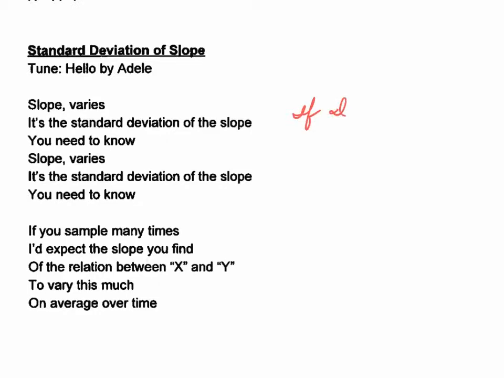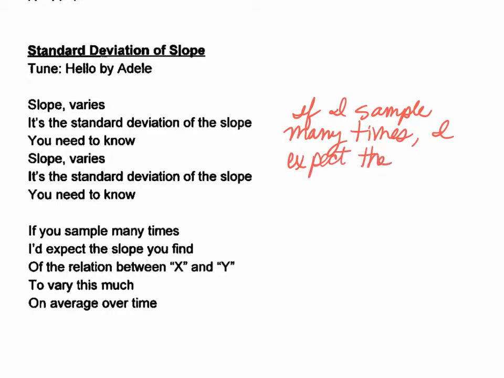If I sample many times, many sets of trees, I expect the slope that you find of the relationship between, and what are we talking about in our problem?